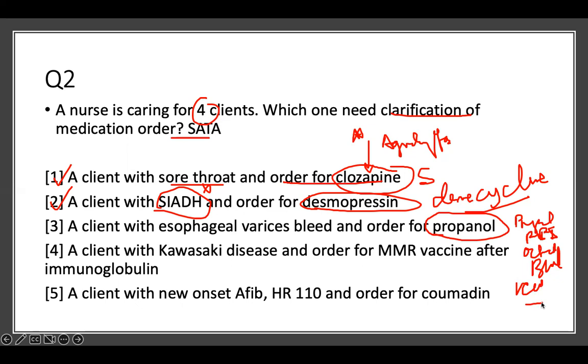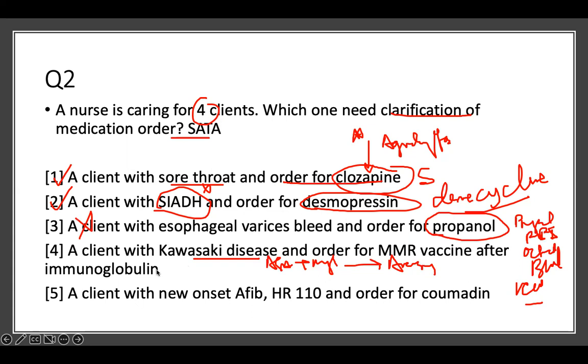A client with Kawasaki disease and an order for MMR vaccine after immunoglobulin. So this one, you don't need anything. If you have Kawasaki disease, we usually give them aspirin and immunoglobulin. Why do you do that? To prevent aneurysm, coronary aneurysm.